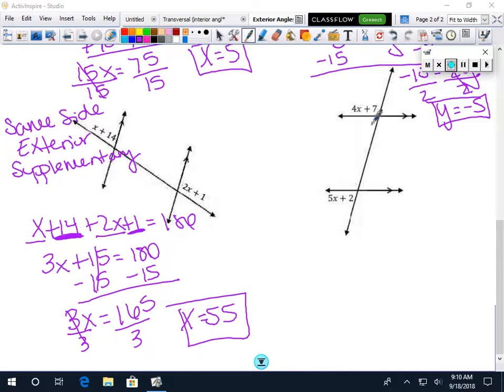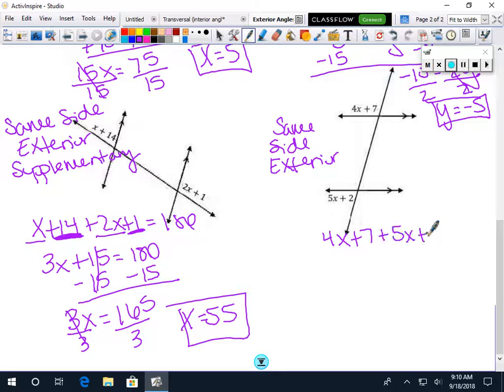Alright, the last example here, these angles are same side exterior, so they're supplementary. So to solve this, I'm going to add the two angles together, and I'm going to set it equal to 180. So 4x plus 7 plus 5x plus 2 equals 180.